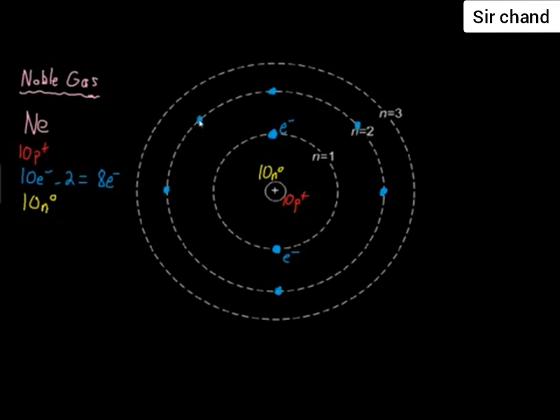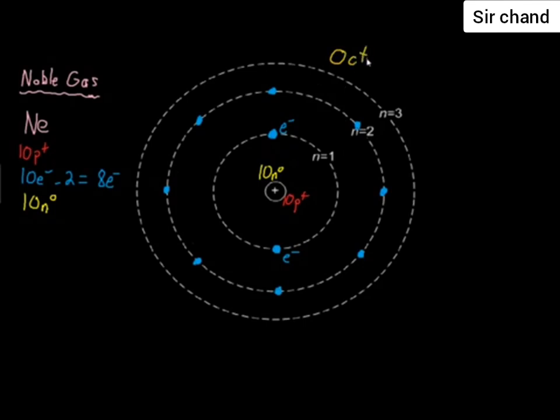8 electrons in the outermost shell is very suited for just about every element on the periodic table. And that's just because 8 electrons, everybody, fills its octet.